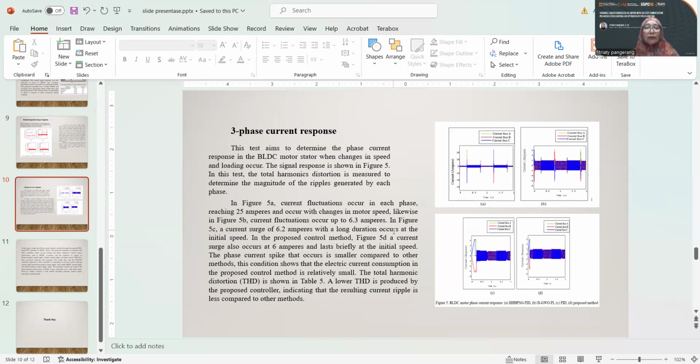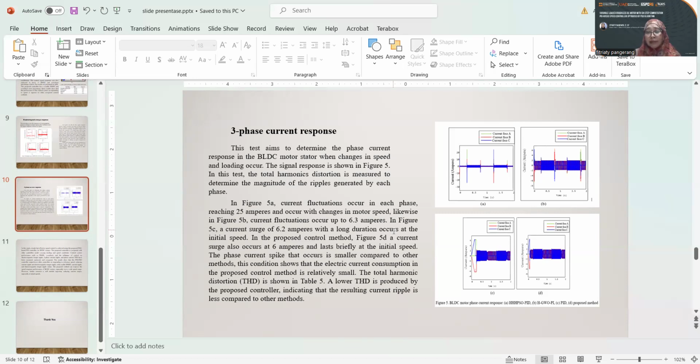Three-phase current response. This test aims to determine the phase current response in the BLDC motor stator when change in speed and loading occur. The signal response is shown in figure 5. In this test, the total harmonic distortion is measured to determine the magnitude of the ripple generated by each phase.